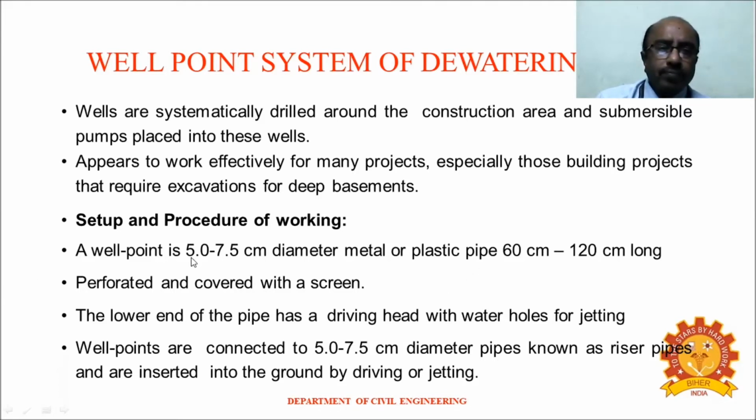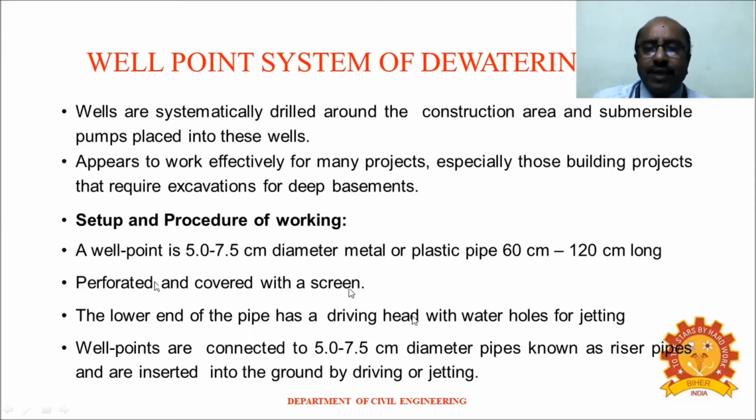to 15 meters. Here, the setup and procedure of working: a well point is 5 to 7.5 centimeter in diameter. It can be a metal casing or a plastic pipe. This is put into the ground, and it is perforated and covered with a screen.